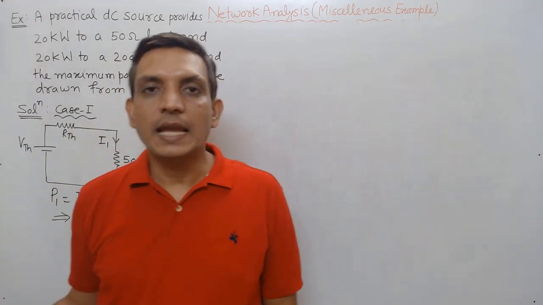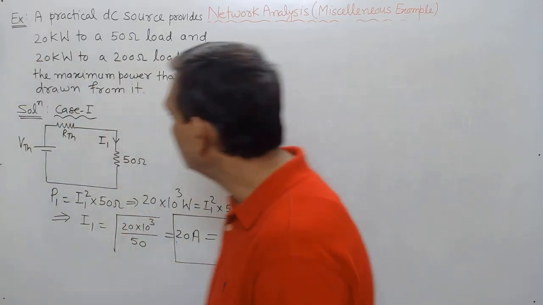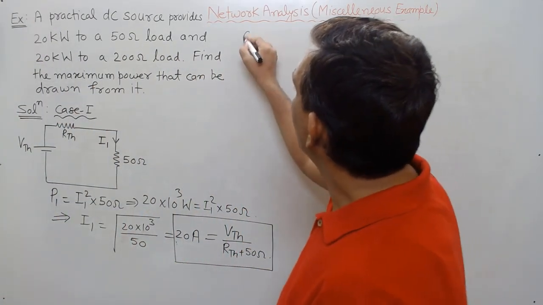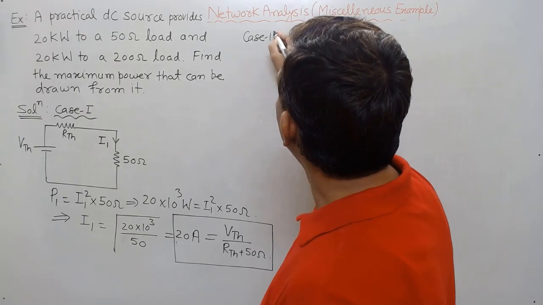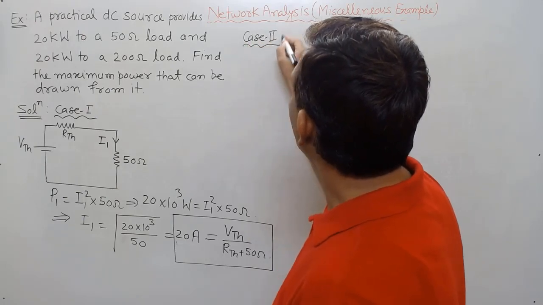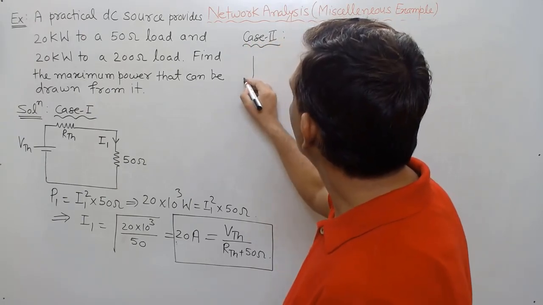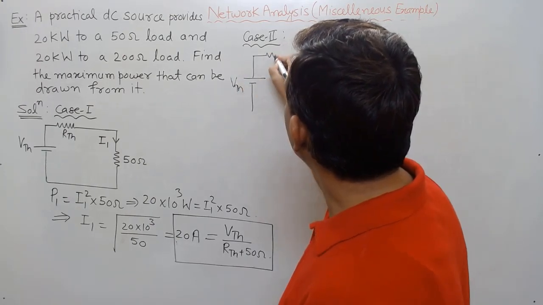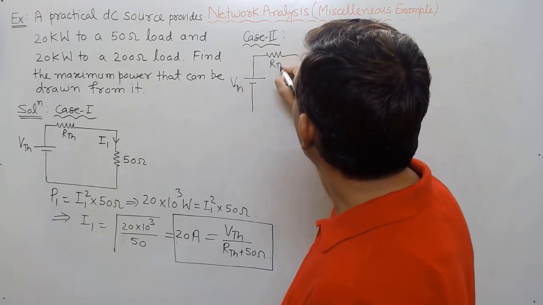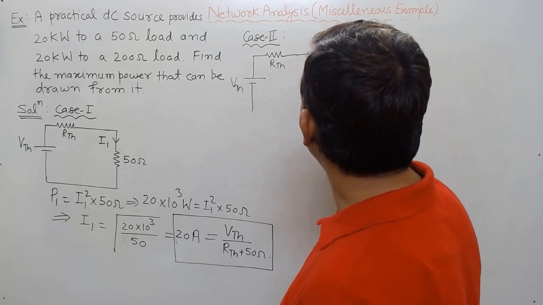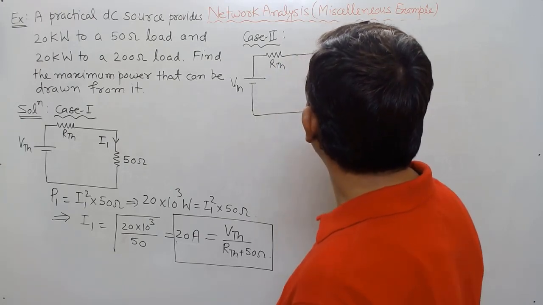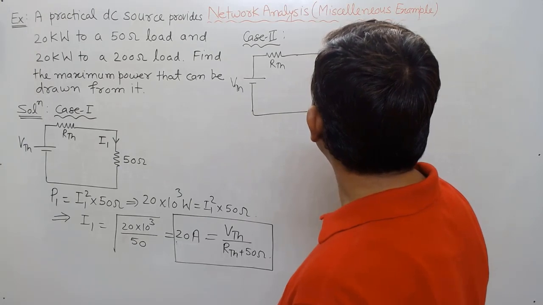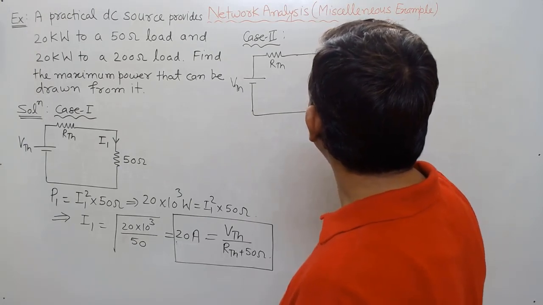Similarly, we can see the second case. So in case 2, you have the same source VTH and this is RTH that is connected with 200 ohms. Assume current is I2.